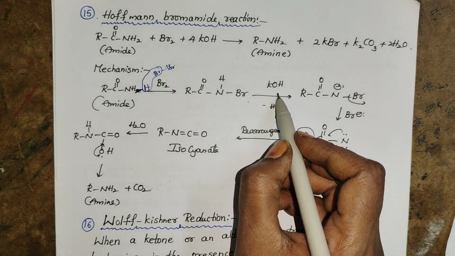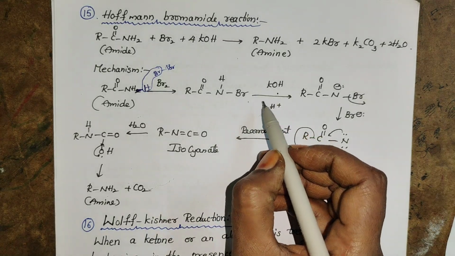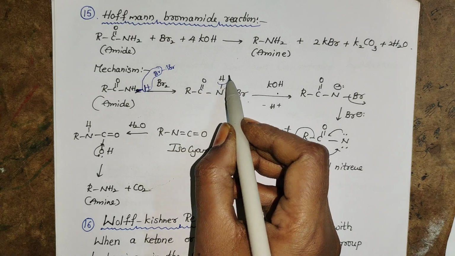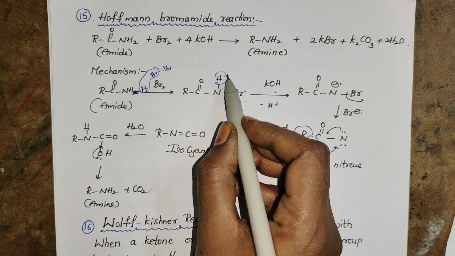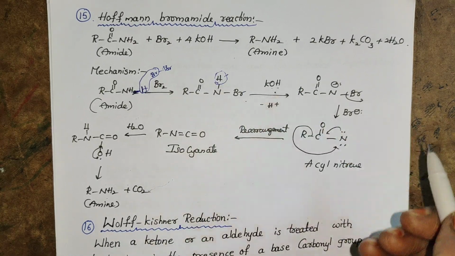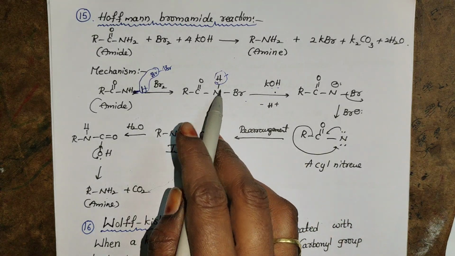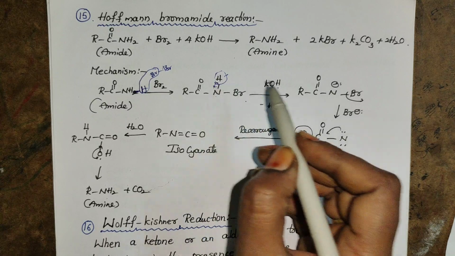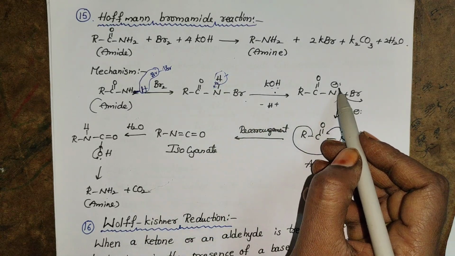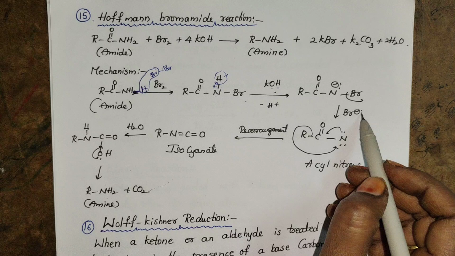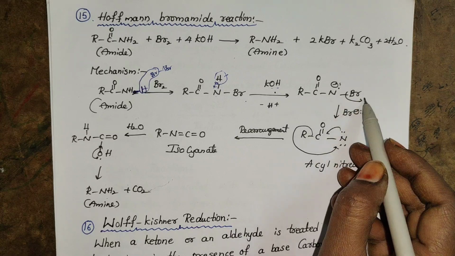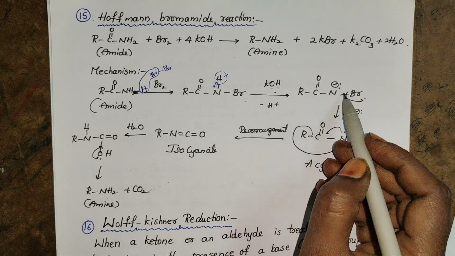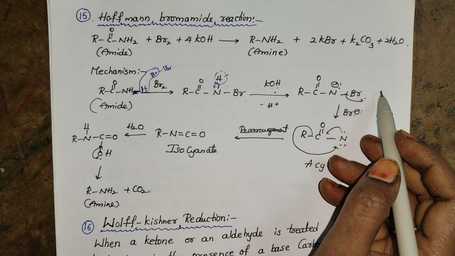Potassium hydroxide is present, so this H is eliminated with this OH as water. Here a minus charge is formed, because it donates electrons towards the nitrogen side. Extra electron containing N minus is formed, and again Br minus is eliminated.